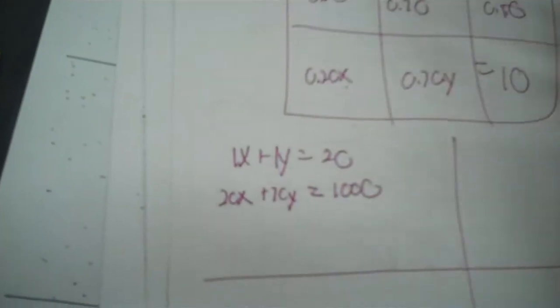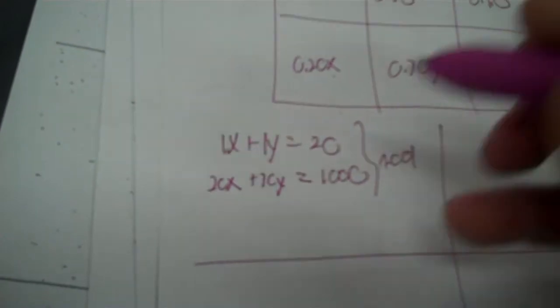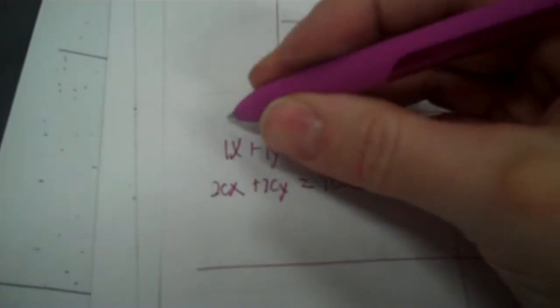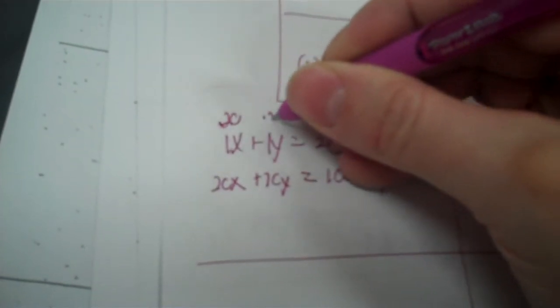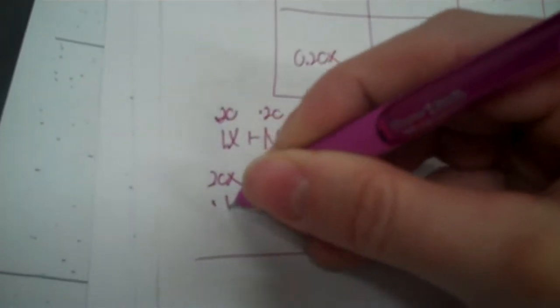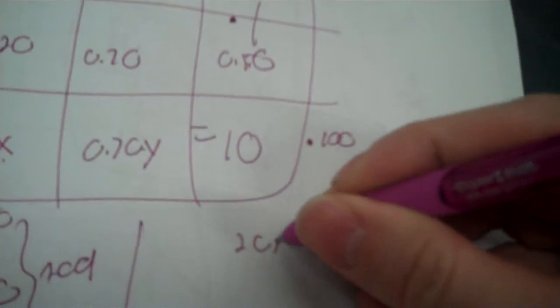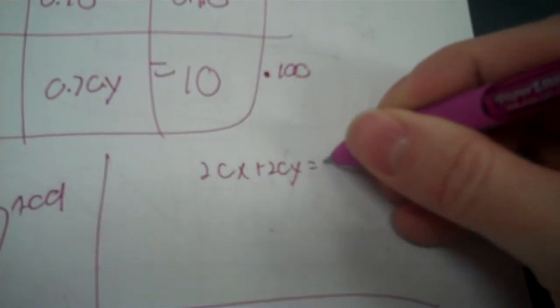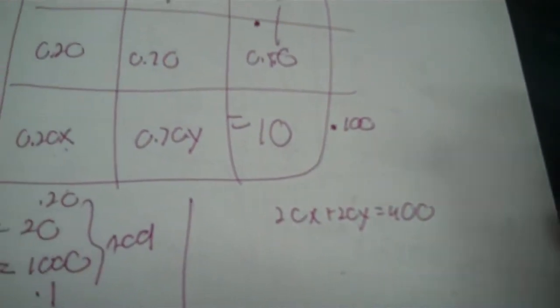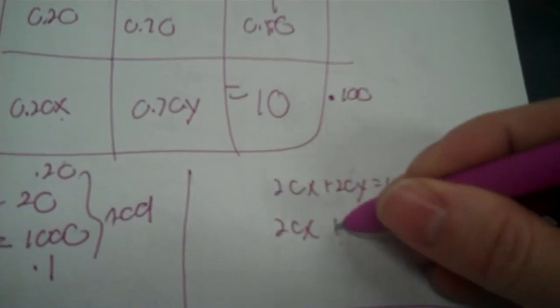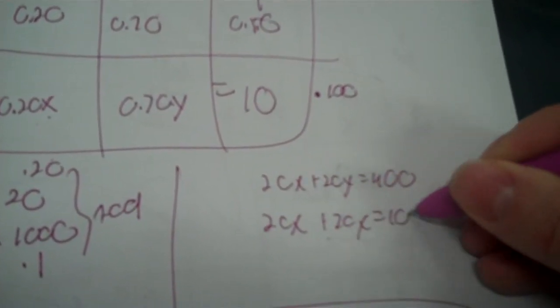Now I go about my business. Multiply 20, 20, and 20, 1, and 1, and 1. This gives us 20x plus 20y equals 400. The bottom stays 20x plus 70y equals 1,000.